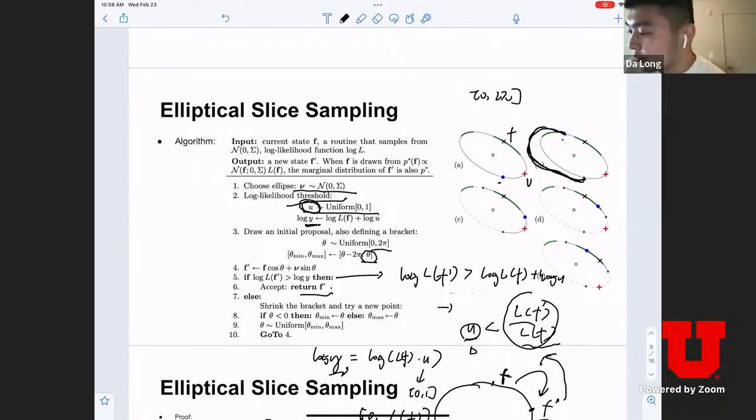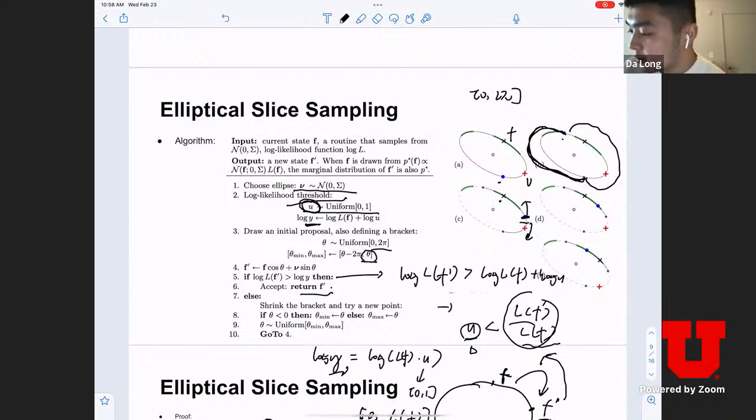So now you can sample from this region. And this is your third choice. It is also not in the valid region. So you start the shrinkage again. This time, starting from this point, you need to decide which direction to shrink. Since the current sample is here, you will not discard this part.